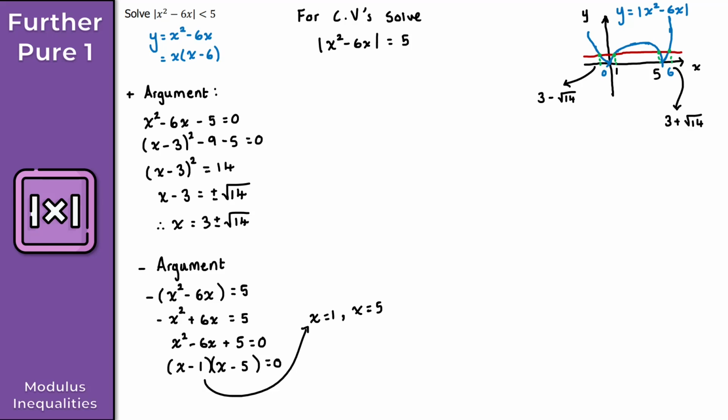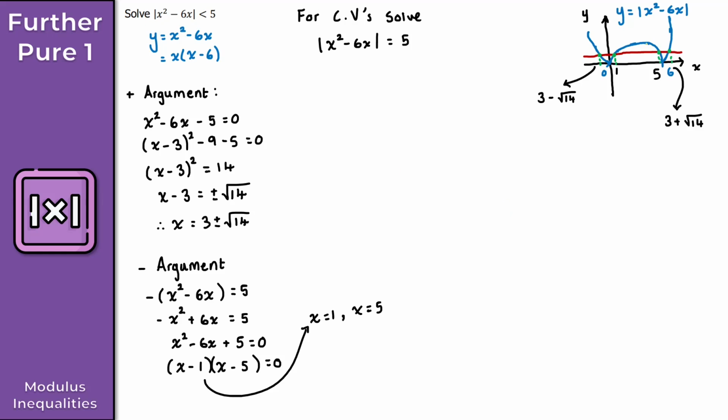So by using our graph, we can now identify the solution here. So let me do it in, I've already used red. What color have I not used? Let's do it in orange. So what I'm looking for here is where the modulus of x squared minus 6x is less than 5. So where is my modulus function?